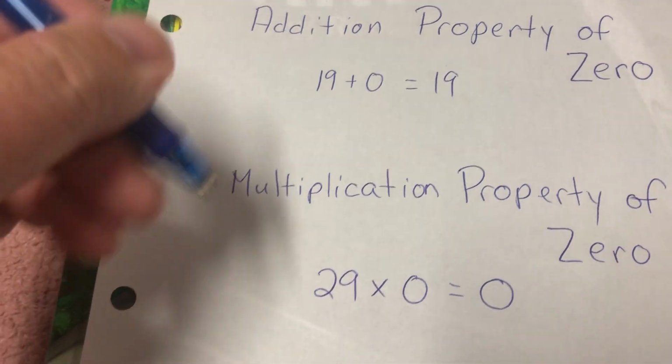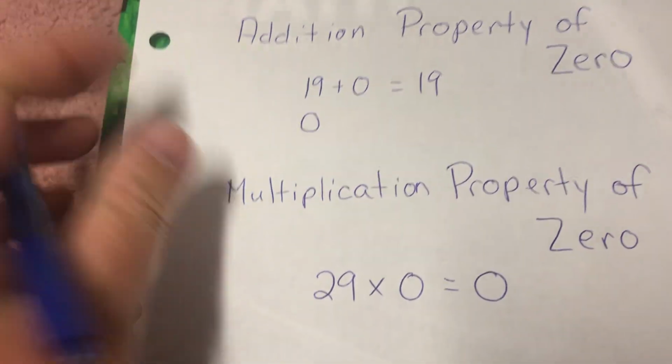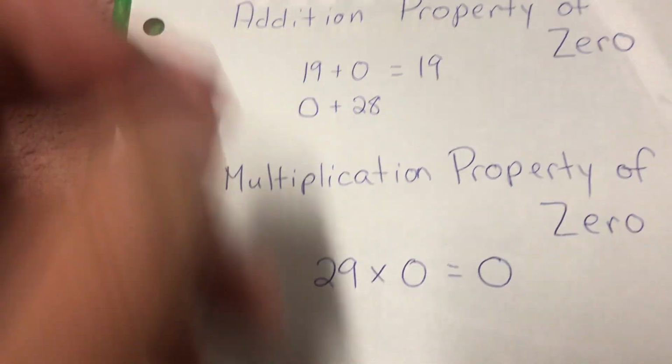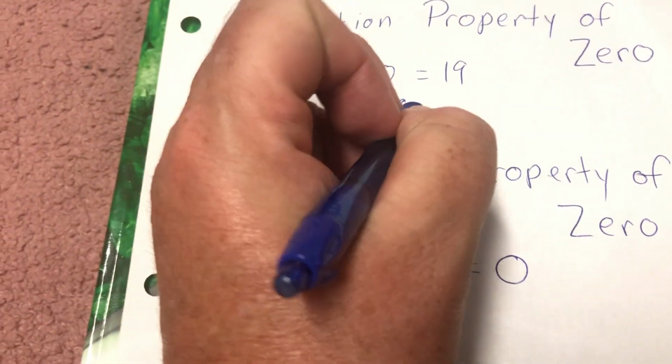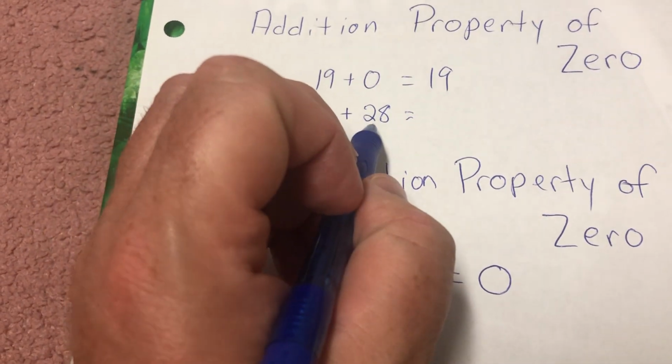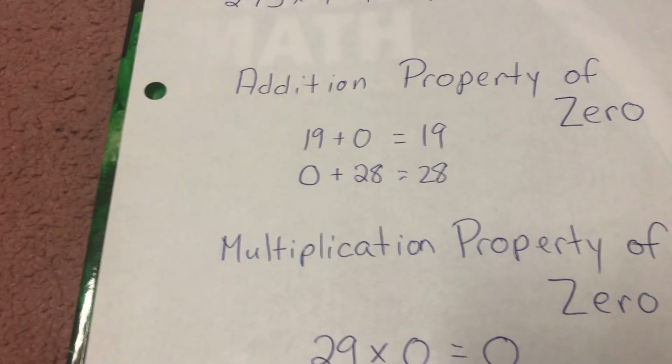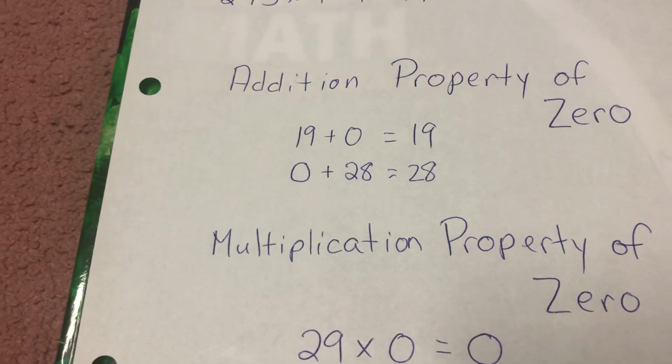It can also state that if you have 0 and then you add a number to it, like, say, 28, it's going to equal whatever the number is you added to it, which in this case is 28. The idea that 0 plus 28 equals 28.